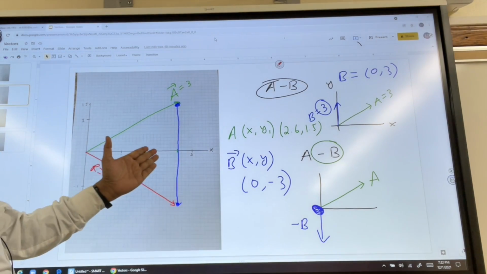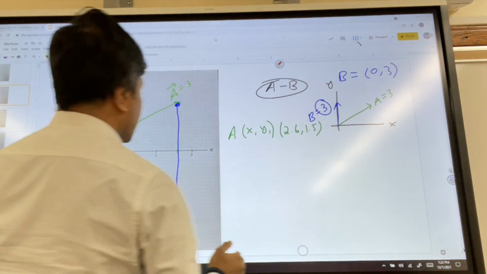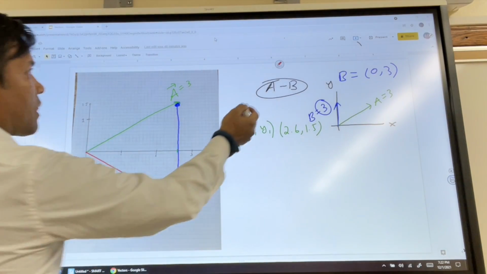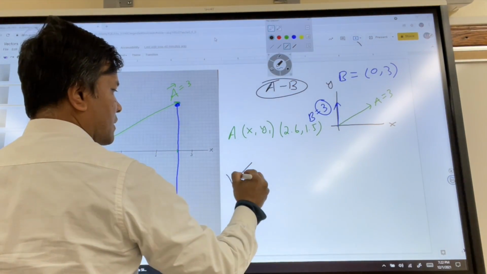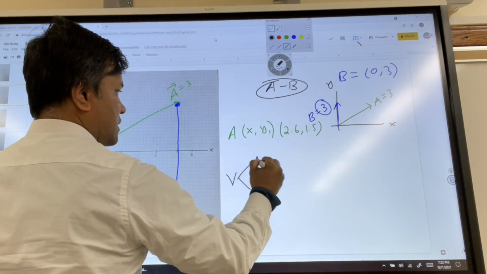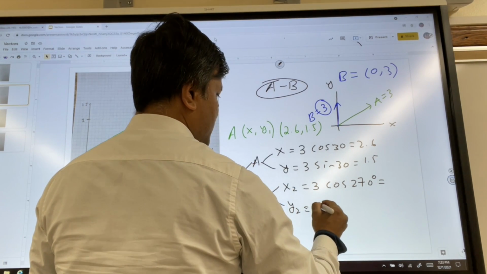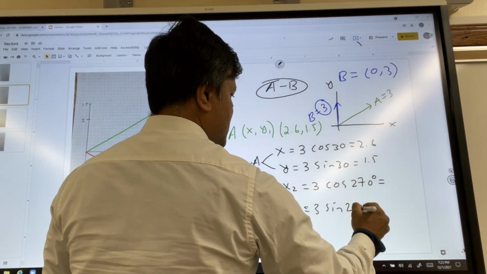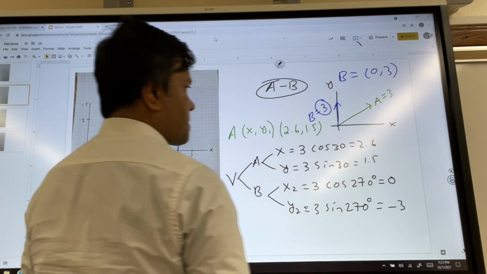If you do the trigonometry, you can easily get it. So let's use the trigonometry. B is 3 sine 270 degrees. So this is 0 and this is -3.